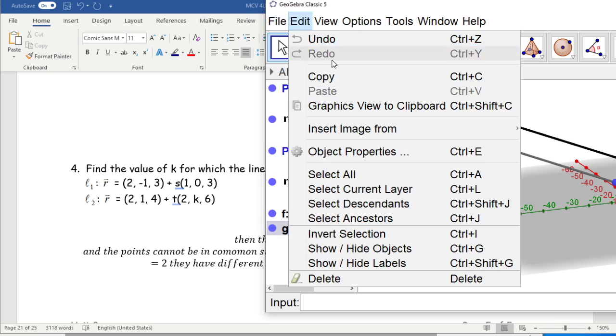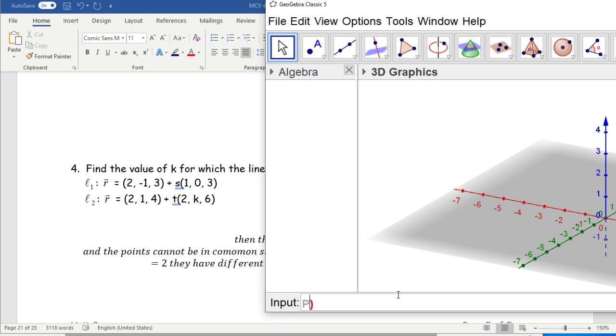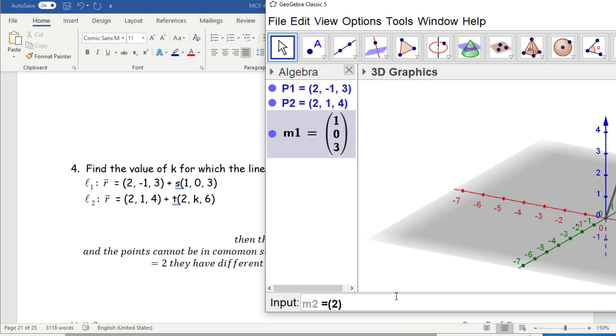And let's just quickly draw them so you can see what I'm talking about. Point 1 is (2, -1, 3). Point 2 is (2, 1, 4). M1 is (1, 0, 3). M2 is (2, k, 6). And then let's just say for the time being that k is 0.